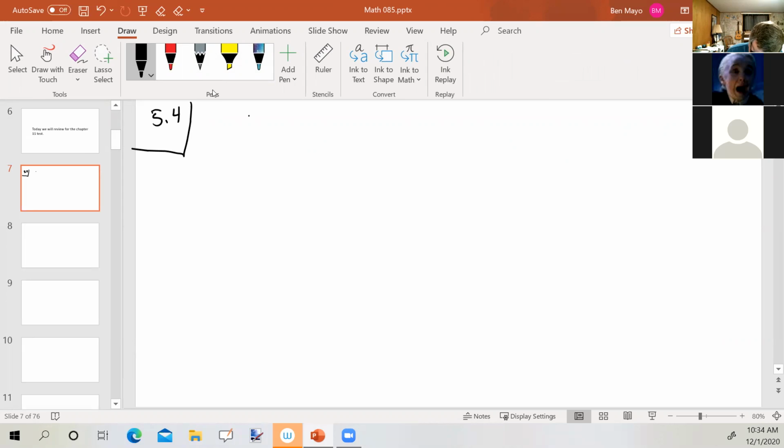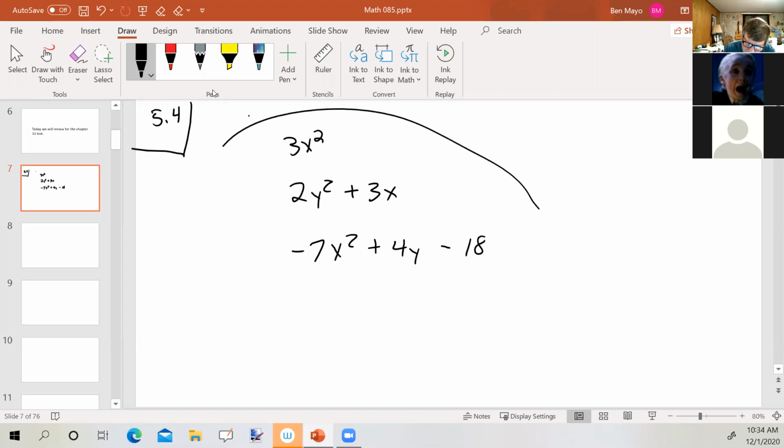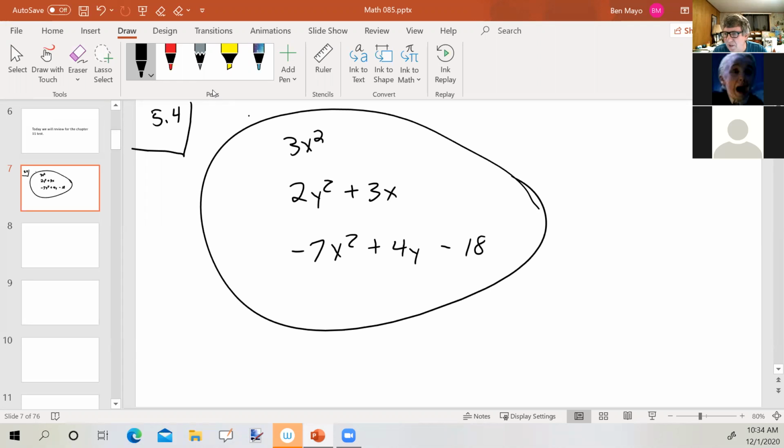A monomial has 1 term. A binomial has 2 terms. A trinomial has 3 terms. These are all considered to be polynomials, which means many terms. When there's 4 or more terms, we just call it a polynomial. All right. Any questions about that?